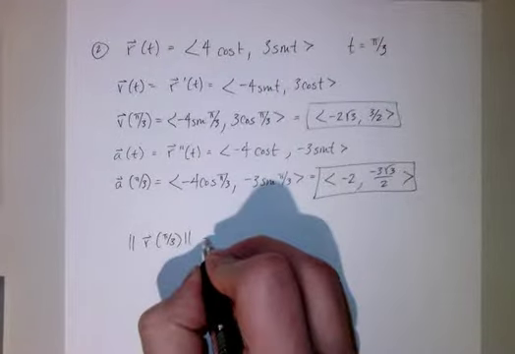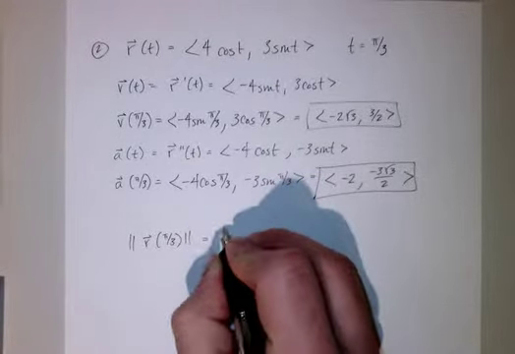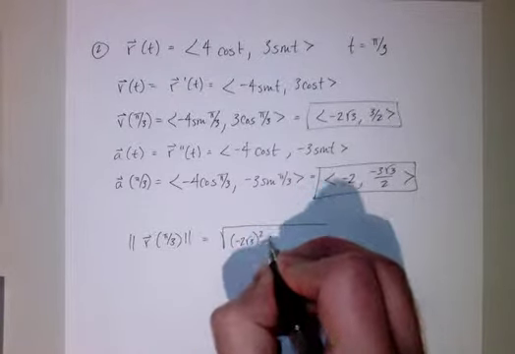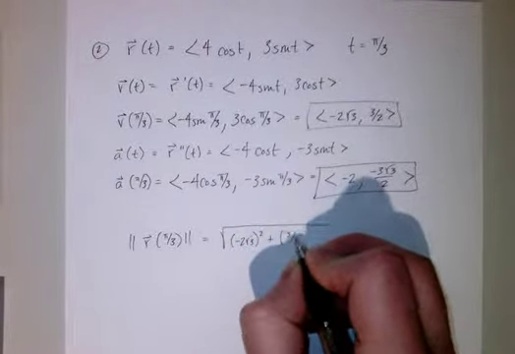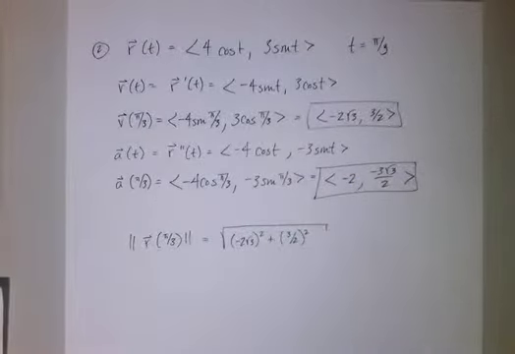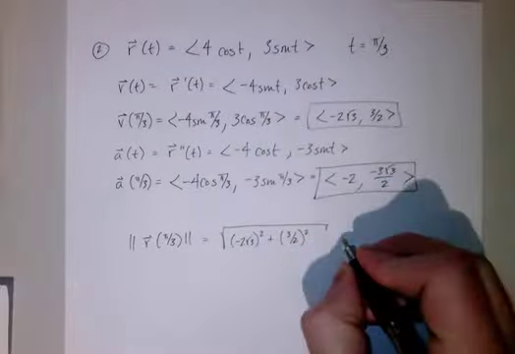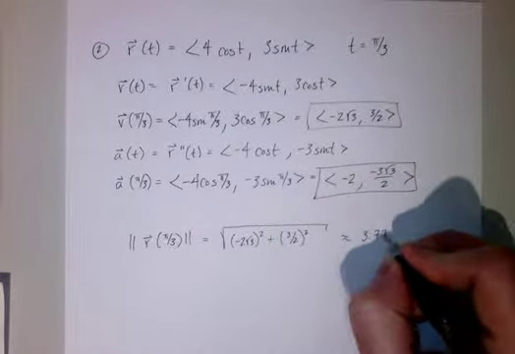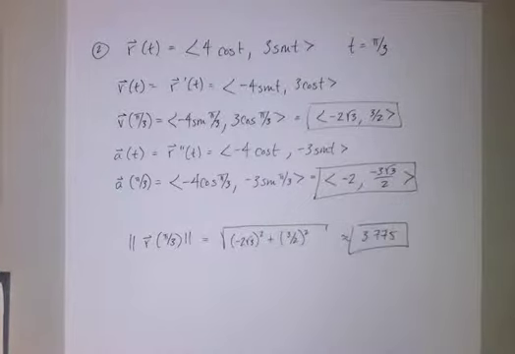That says magnitude. And so that is going to be equal to one component squared plus the other component squared, and you take the square root, because basically it's just Pythagorean theorem, right? And that, I'm not going to keep you in suspense, winds up approximating to 3.775.